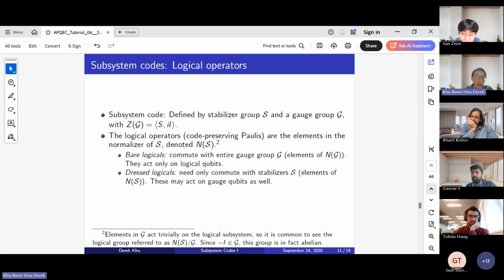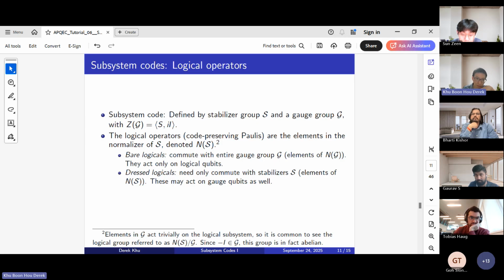Sometimes you would see people talk about bare logicals and dressed logicals. Bare logicals are those that commute with all of the gauge group. So these only act on the logical qubits; they don't touch the gauge system. And then the dressed logicals are the ones that might touch the gauge subsystem.